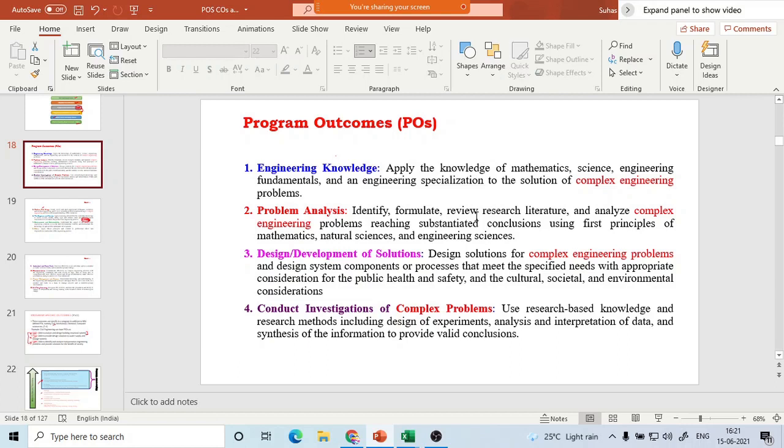This will be my second PO. Third PO: my student should be able to create something new practically. So you are deriving these objectives from the POs themselves. And these should ultimately be connected to your vision and mission statement. Okay, sir. Thank you. Is there any other question?